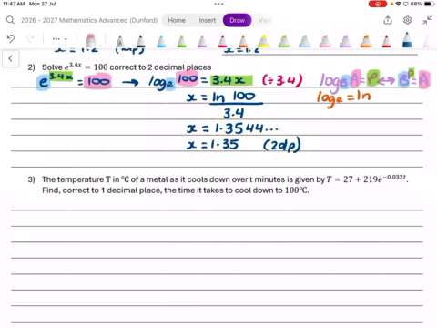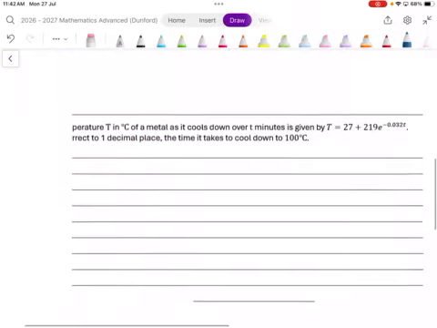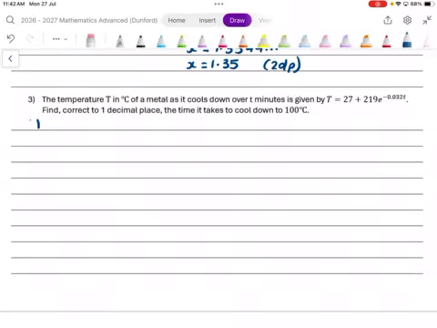So what we're going to do is start off with our formula T equals 27 plus 219 e to the negative 0.032t, and we are going to let capital T, because capital T is our temperature, equal 100 degrees Celsius.